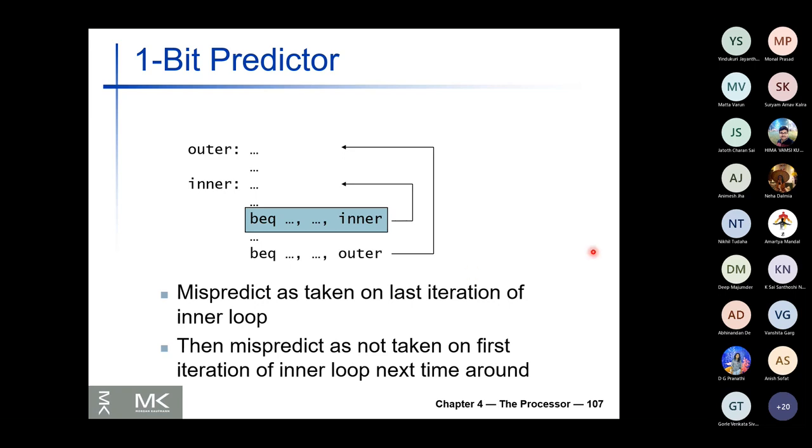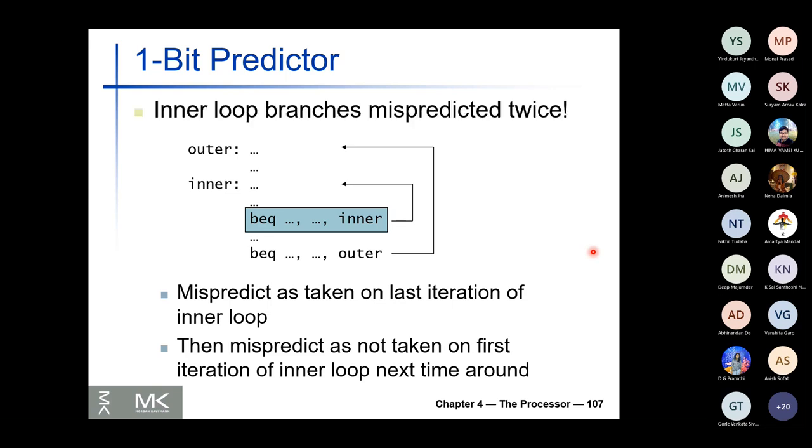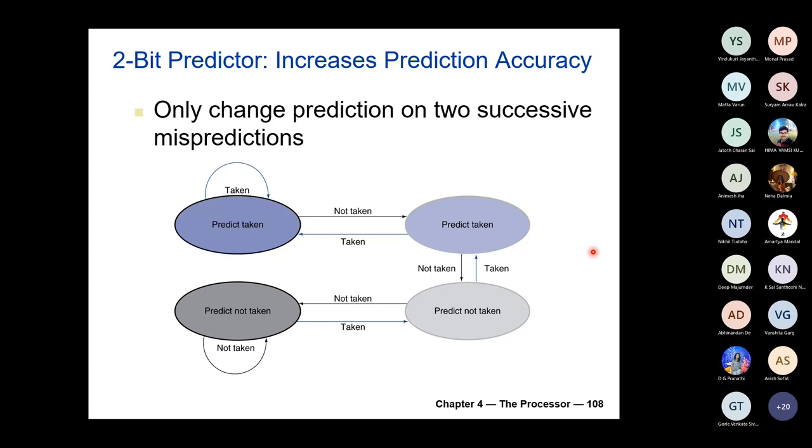Of course, if you keep a longer history, you get a better prediction. In this case, inner loop branches are mispredicted twice, and to increase the prediction accuracy, you can increase the depth of your history. So here you observe what happened last time, and the last but one time also.